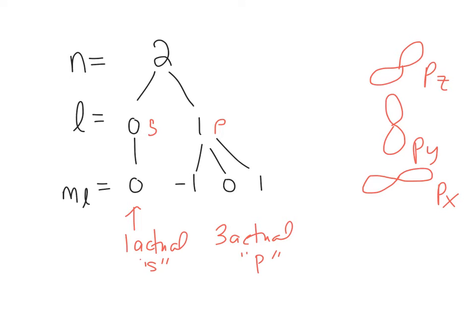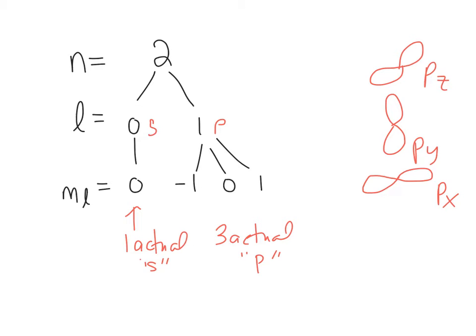Okay? Now, all the p orbitals on a specific energy level are degenerate, meaning they are equal in energy. Remember when we were looking at the house, the S and the P for the same energy level were not on the same level?